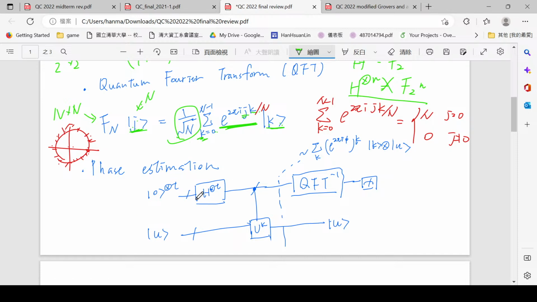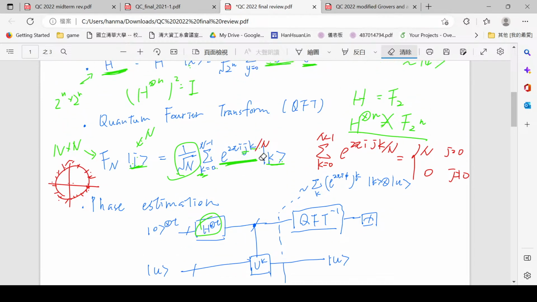It's a bit confusing because this Hadamard to the t here is doing the same thing as the quantum Fourier transform, because 0 is quite special, as the phase will stay all 0 here.